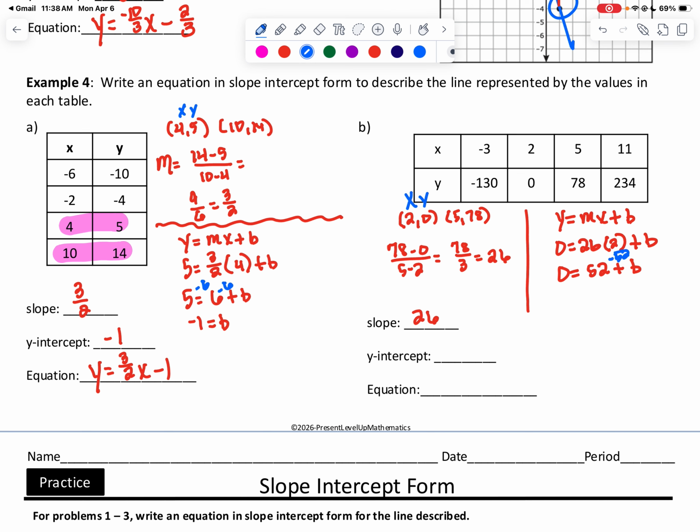Subtract 52 from both sides. So negative 52 equals b. So my y-intercept is negative 52. So my equation is y equals 26x minus 52. And that concludes today's lesson, slope-intercept form of a line.